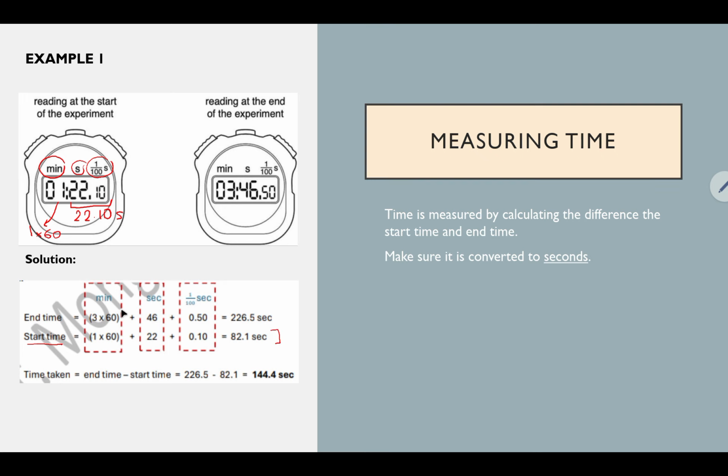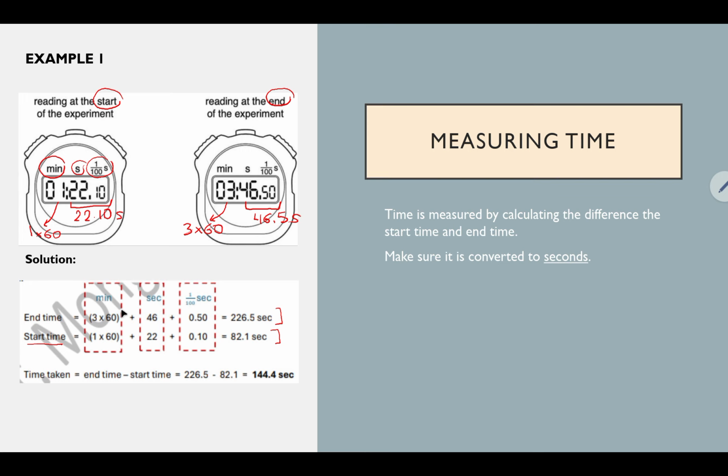Okay, this was the time at the start. What about the time at the end? Same thing. We'll take the 46.5 as it is, and we're going to convert the minutes to seconds. So 3 times 60 plus 46.5, we got 226.5 seconds. Now the question is asking us to get the time that was taken from the start till the end.